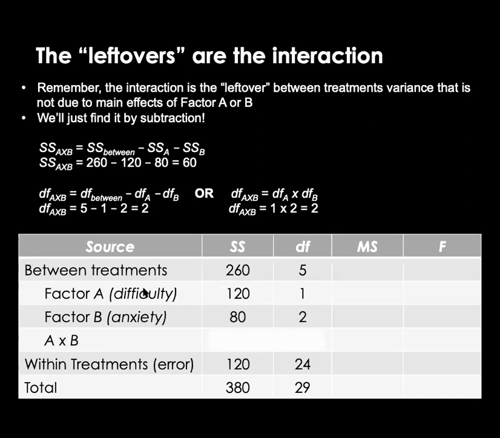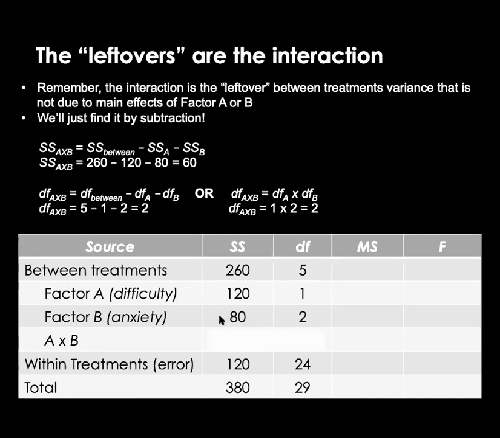So between treatments variance, we've already calculated the sum of squares and degrees of freedom. You can break up the between treatment variance into main effect of factor A, main effect of factor B, and the interaction. The interaction is whatever between treatment variance is remaining after you take out these two main effect variances.